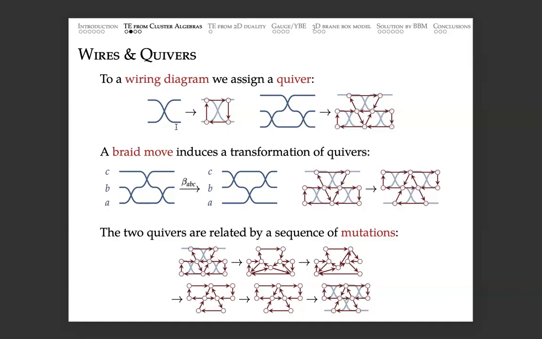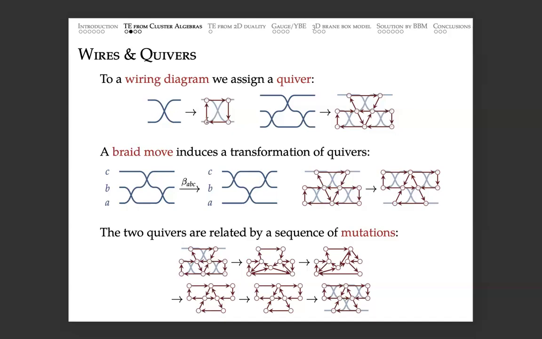There are actually different ways of assigning a quiver to wiring diagrams, and they lead to different solutions of the tetrahedron equation. But in this talk, I will just focus on one example, called the square quiver, which leads to a particular solution.